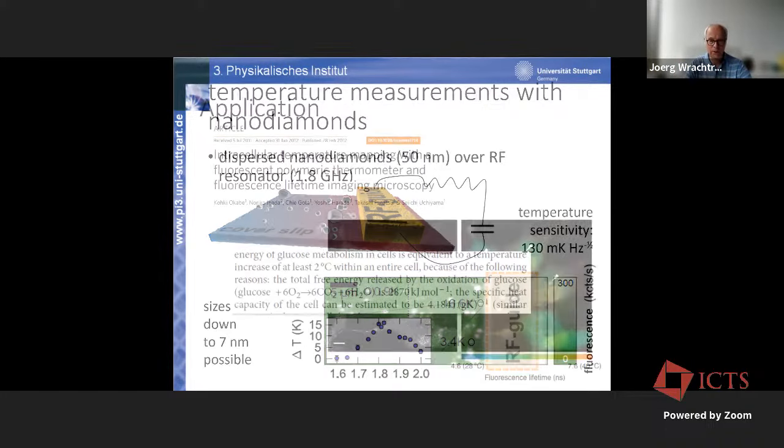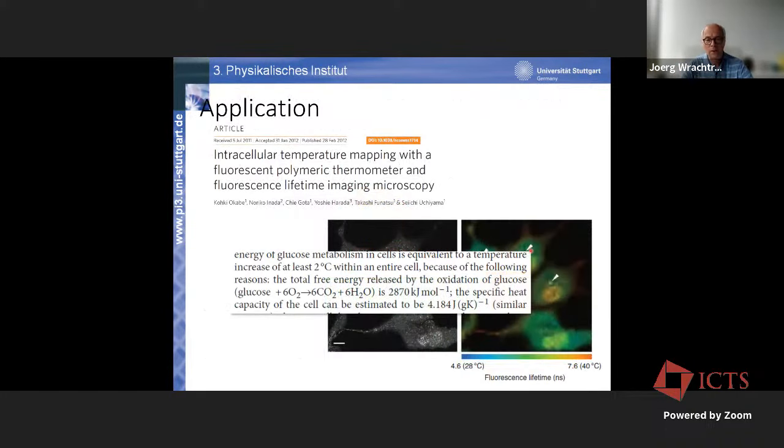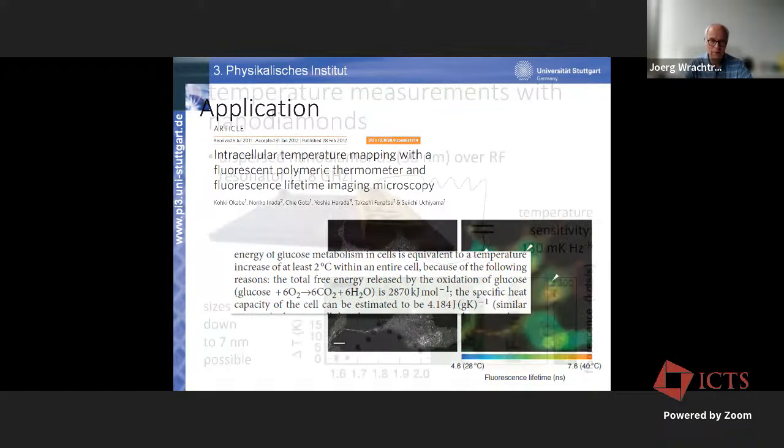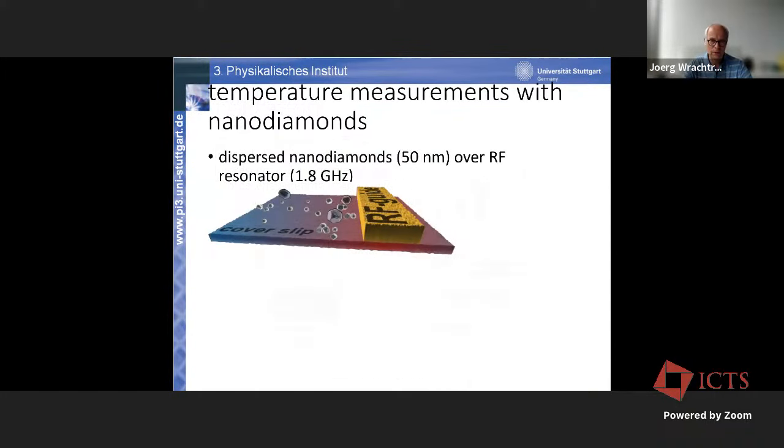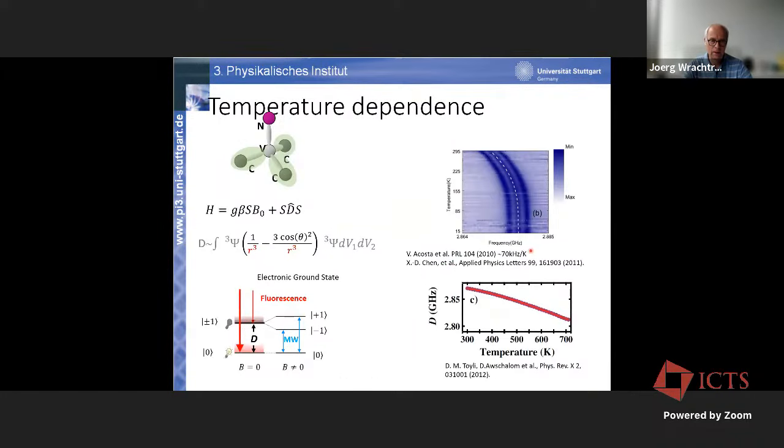And one of these application cases I want to show you. Maybe I make the following remark. These experiments here are not calibration free because, similar to the g factor of the electron spin in solids, also this dipole-dipole interaction here depends on a number of subtle parameters in the solid, like strain or so.